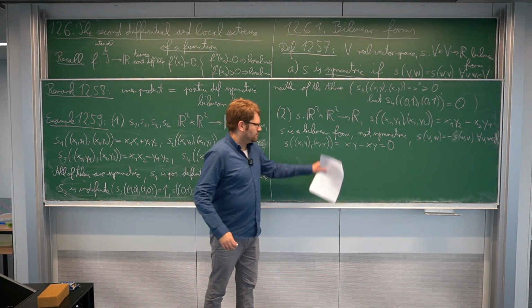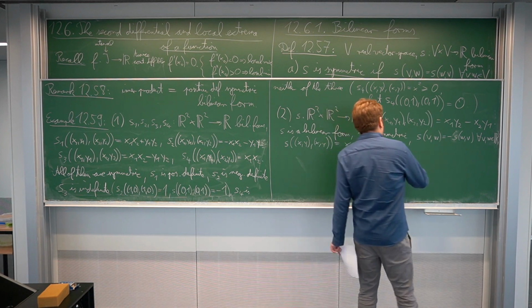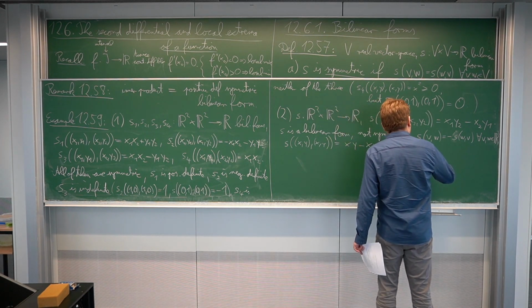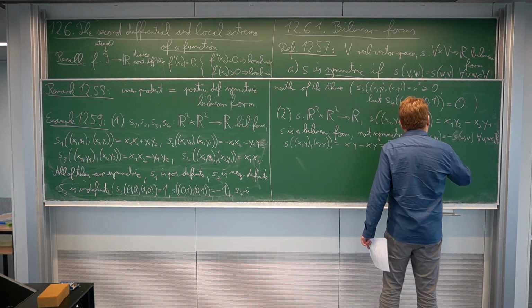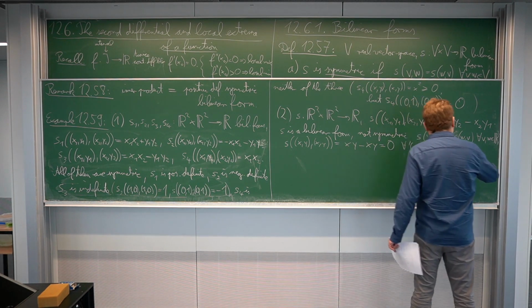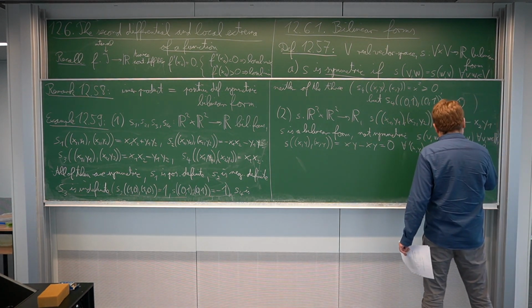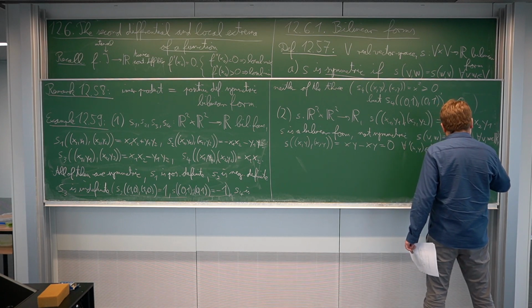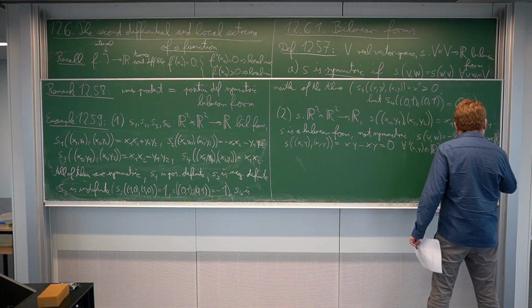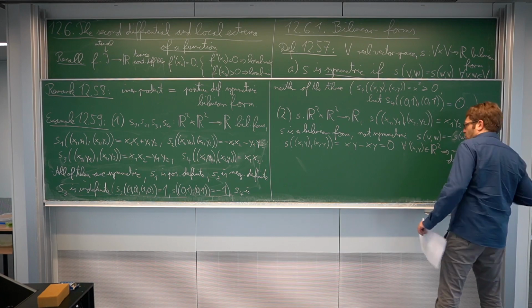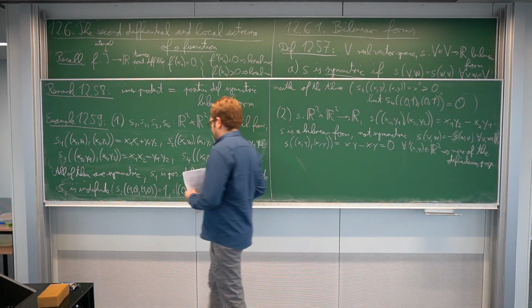So if we put the same vector in twice, it's always 0, for all x, y in R2, so none of the definiteness properties is satisfied. Okay, so much for examples of that.